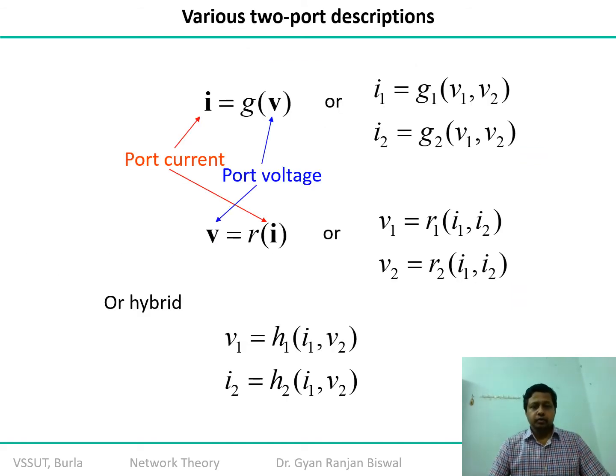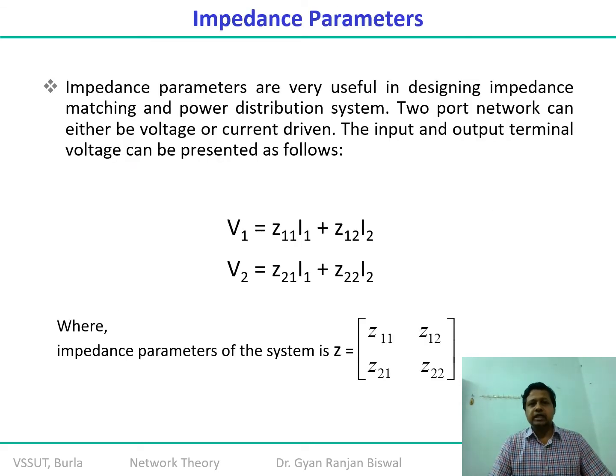If you talk about the various descriptions of the ports, the port voltage or port current can be represented in different ways, but as I told you there are four major classes to designate or signify this two-port network analysis under the head of those four dedicated parameters.